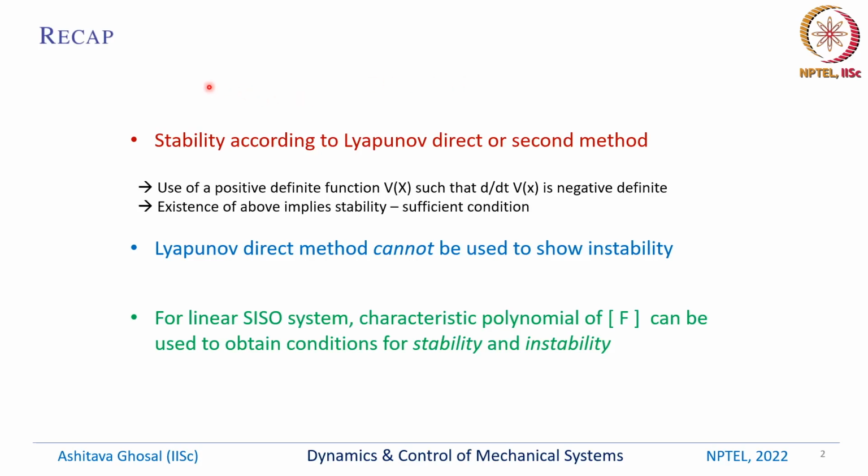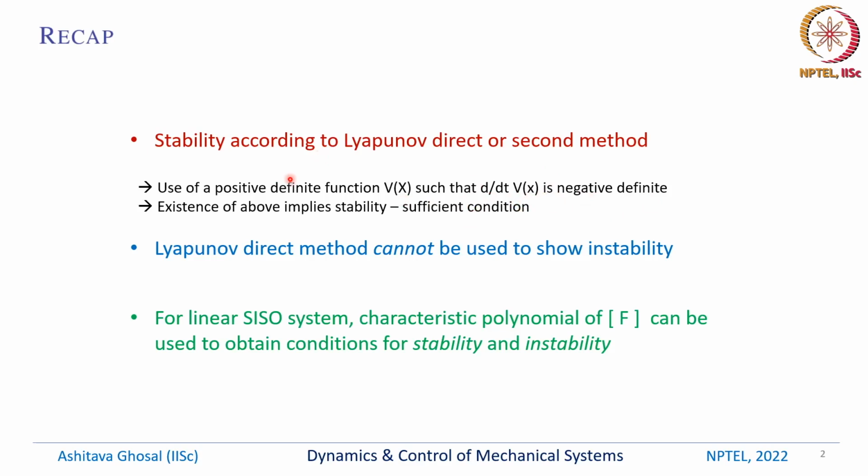So in the last lecture, we looked at the stability according to Lyapunov and the direct or the second method. In that approach, we basically need to find a positive definite function v of x, where x are the state variables, such that the time derivative of v of x is negative definite.